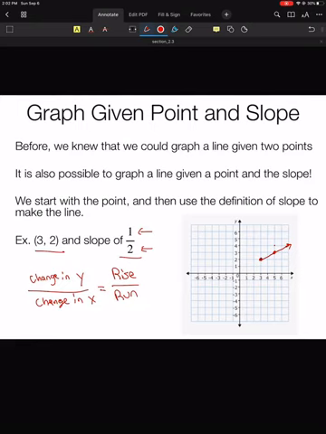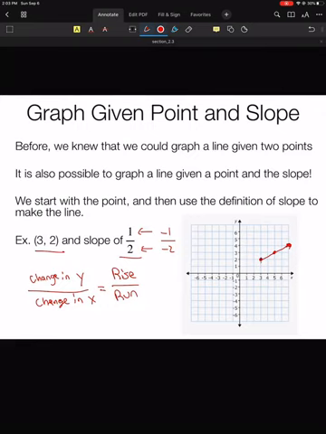I can continue. I could rise 1 here and then run 2 in this direction and get to that point. And I can also go in the opposite direction. A slope of positive 1/2, I could rewrite as -1 divided by -2, because the negatives would cancel out and I'd be left with a positive slope.